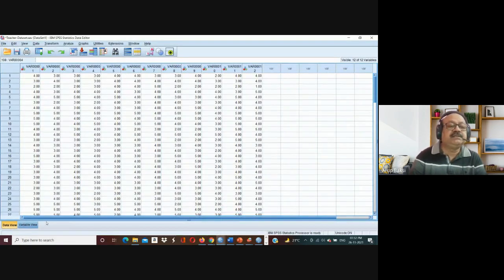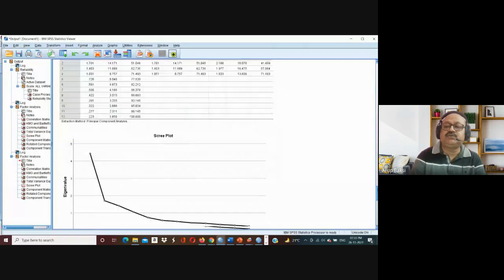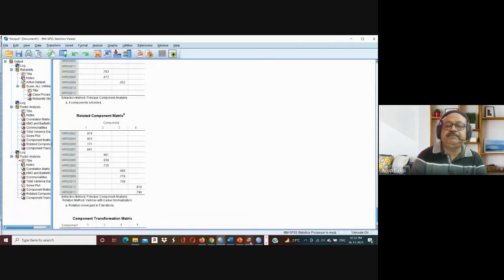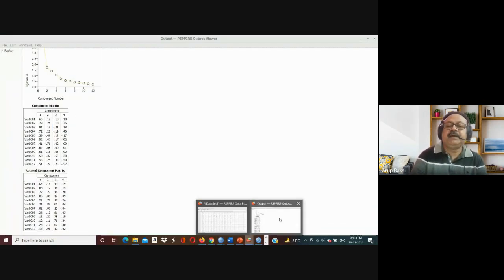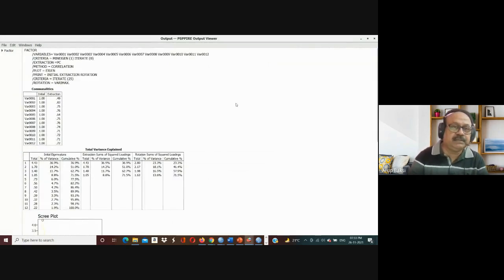Anyone who is interested to do this kind of statistical application but does not have access to SPSS, PSPP is an alternative which is available free of cost. It's almost an open source kind of a thing.